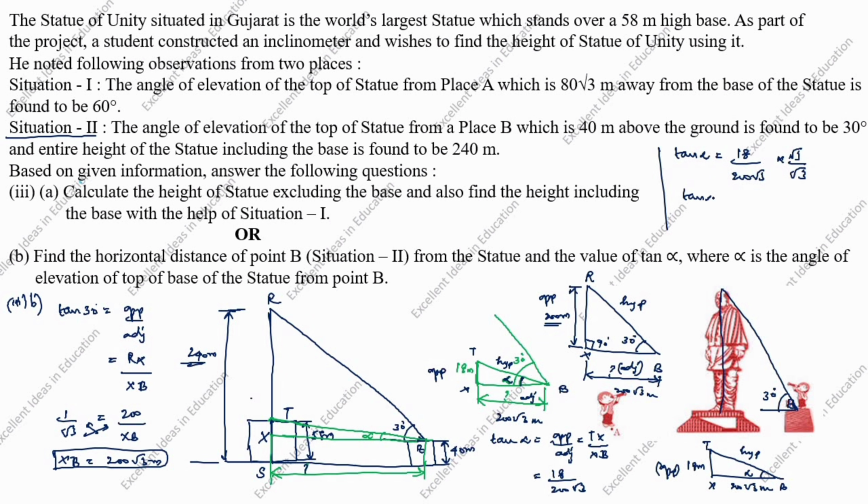Tan alpha is equal to 18 root 3 divided by 200 into 3. 3 ones are 3, 6 threes are 18. 2 threes are 6, 1 twos are 2. So tan alpha is 3 root 3 divided by 100. Tan alpha value is 3 root 3 divided by 100. This is the answer. Thanks for watching this video.